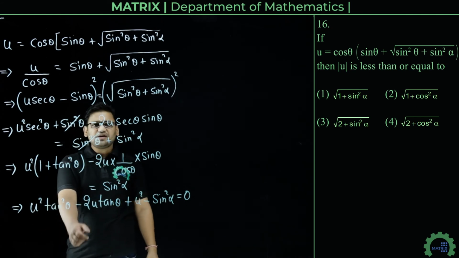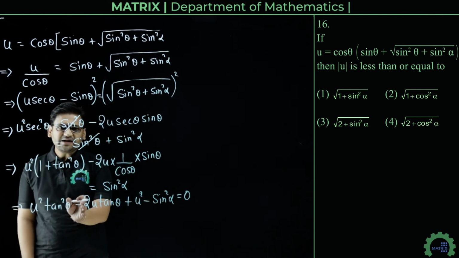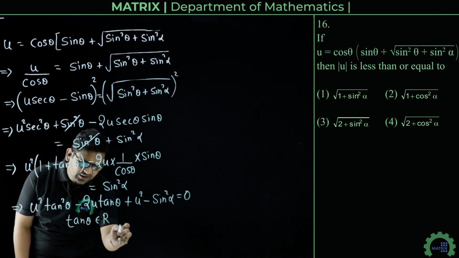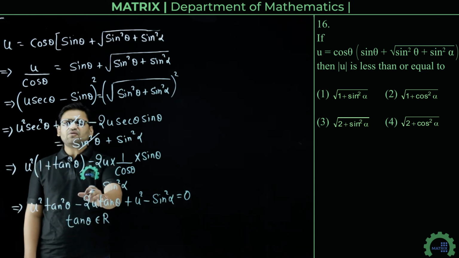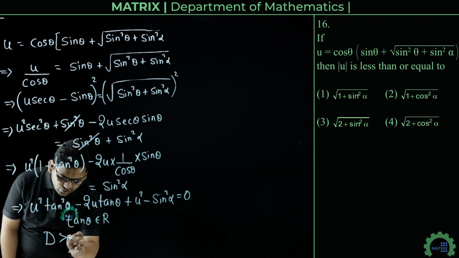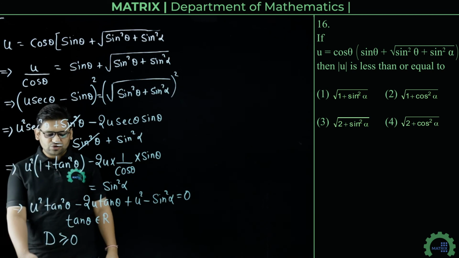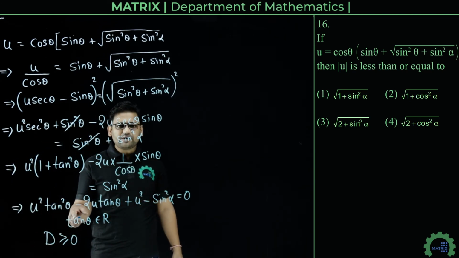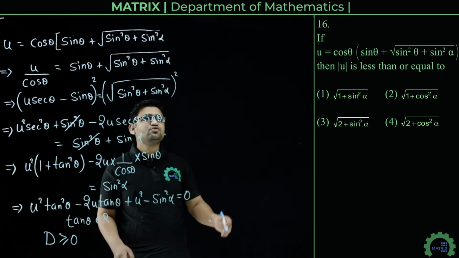Now this is a quadratic equation in tan theta, where tan theta belongs to real numbers, so we can say the discriminant of this quadratic equation will be greater than or equal to 0. So D is greater than or equal to 0. Now the discriminant of this quadratic equation is b square minus 4ac, that is 4u square.